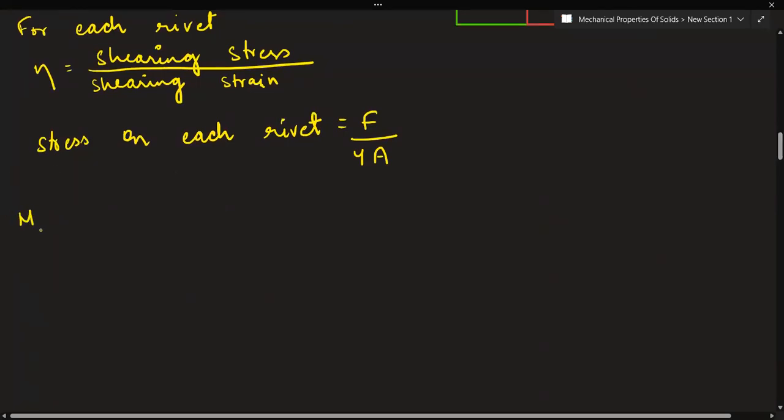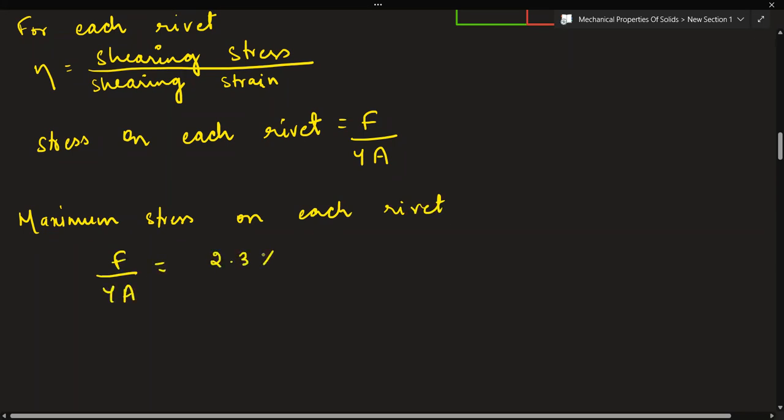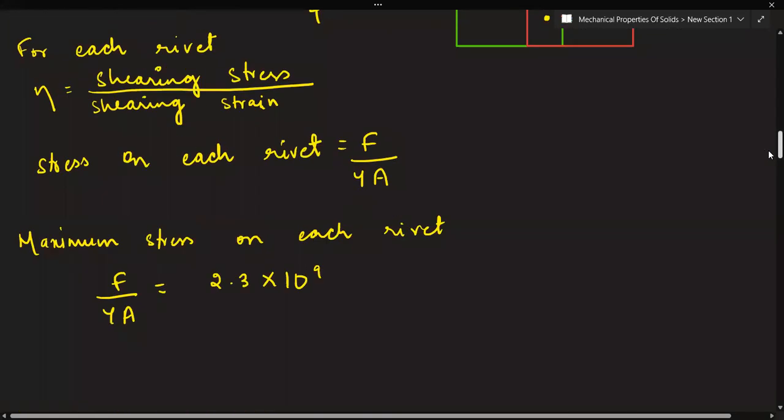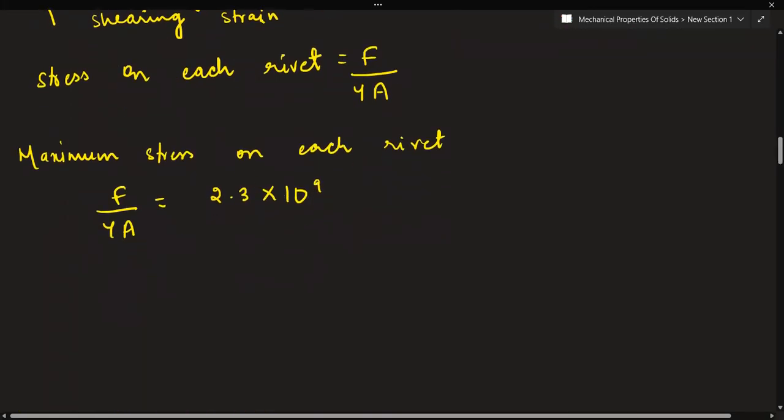So the stress on each rivet, that is F by 4A, should not exceed what value? 2.3 into 10 to the power 9, or 11? 9. So 2.3 into 10 to the power 9. This is our maximum stress, and this is what we have calculated according to the question.